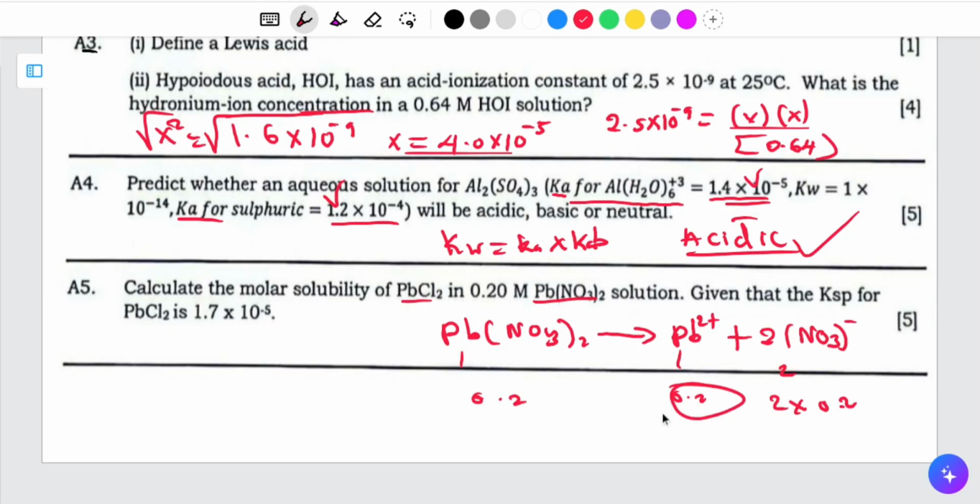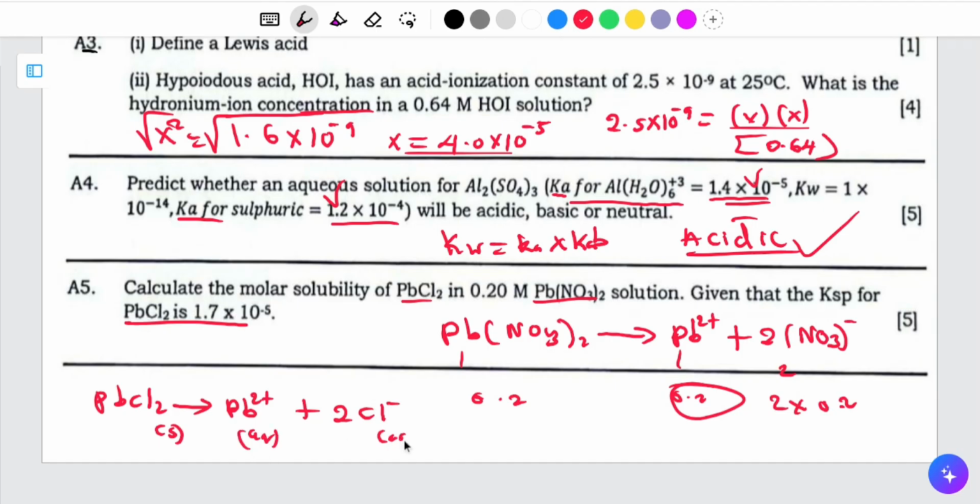So now let's focus on this one, since it's the one that they have given us the Ksp for. Let's also write the dissociation of this one. It leads to lead 2 plus, then, since we have 2 atoms, 2 moles of chloride ion. This is solid, this is aqueous, and this is also aqueous.